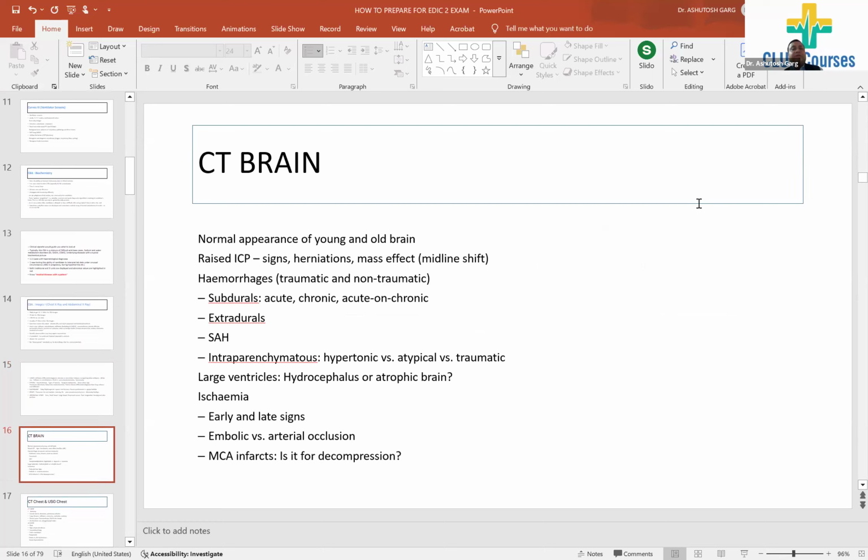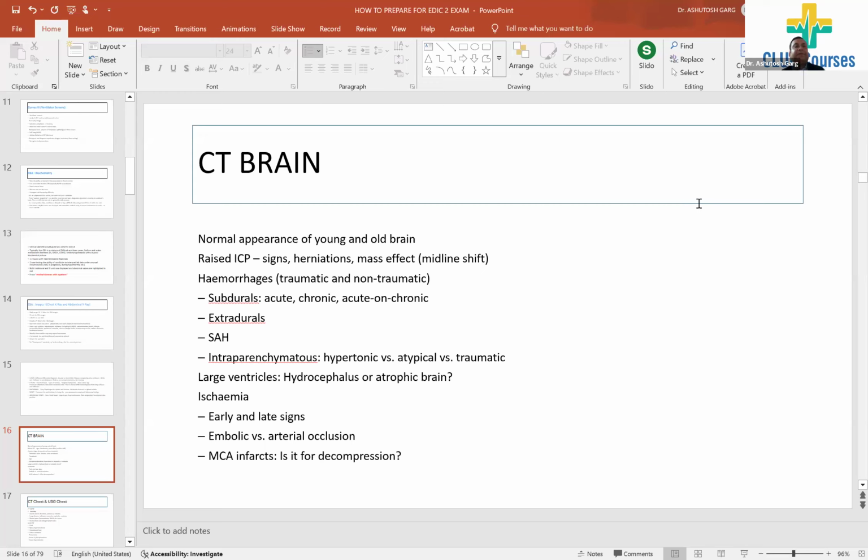In CT brain, normal appearance of young and old brain. Sometimes an old brain looks like hydrocephalus, so you have to interpret according to the age. This is not hydrocephalus because there is cerebral atrophy.